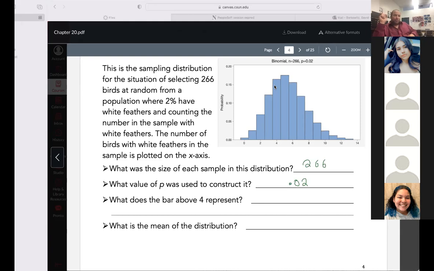How many of my samples had 5 birds like that? Like 18%.